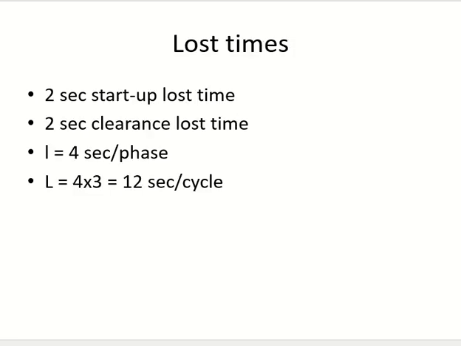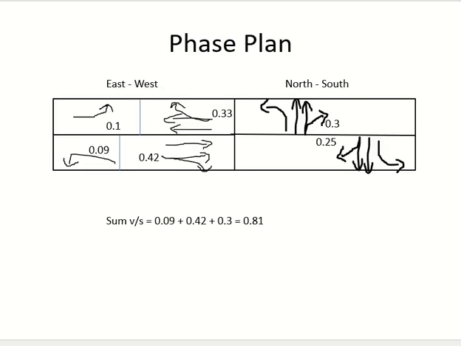Then the next thing is the lost time. Lost time, we are using the recommended values given by them. 2 seconds for each lost time. You add them together, 4 seconds, the total for each phase. And if I go here, how many phases do I have? How many times do I have to add the lost time? 3.